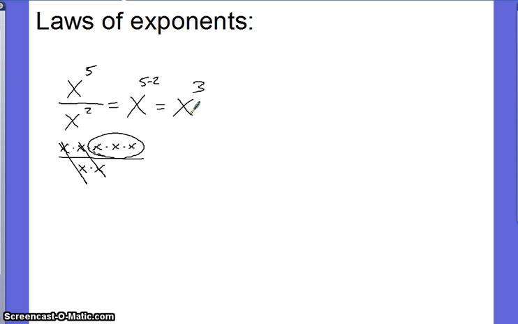So again, the law of the exponents is that if I'm dividing like bases, I keep my base and I subtract my exponents. 7 minus 3 is 4. So y to the 7th divided by y cubed is y to the 4th.